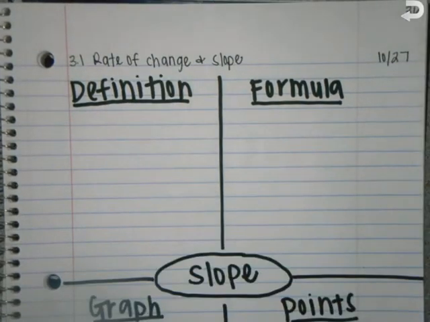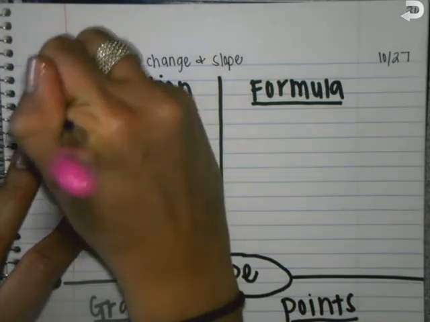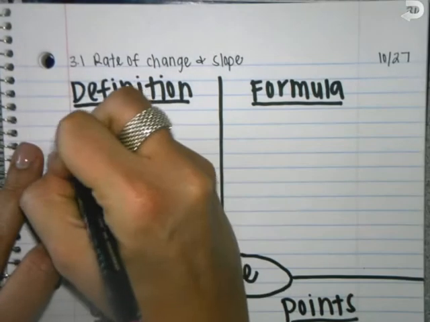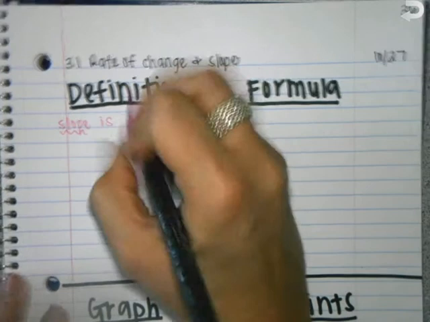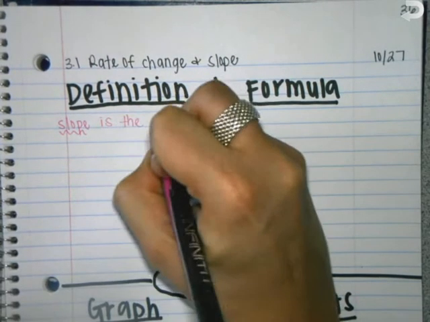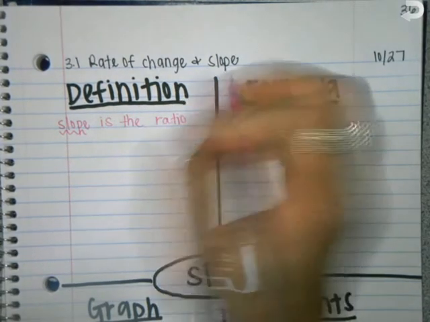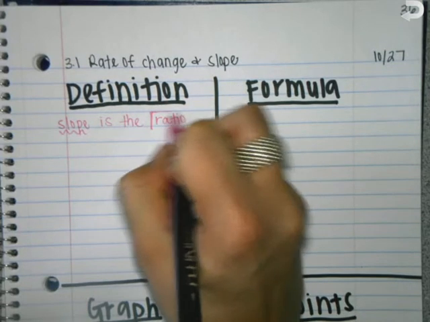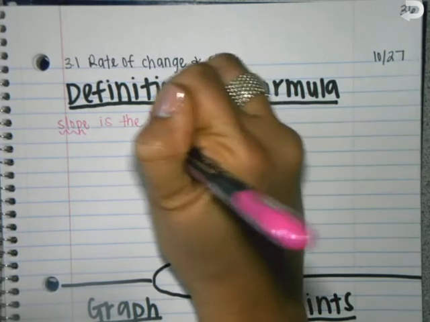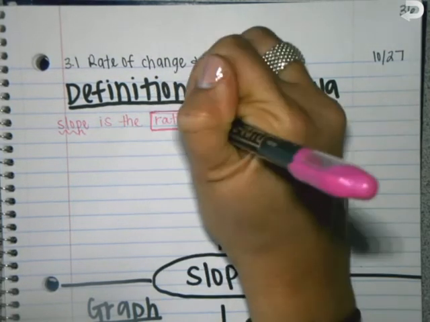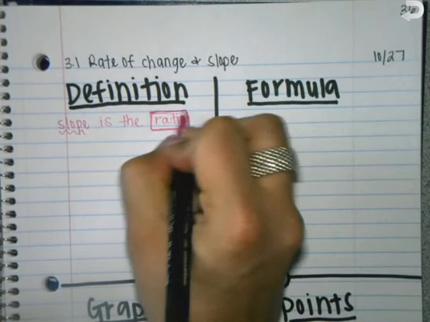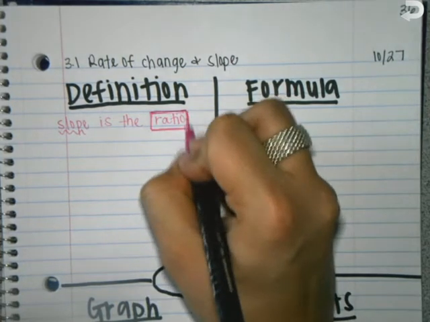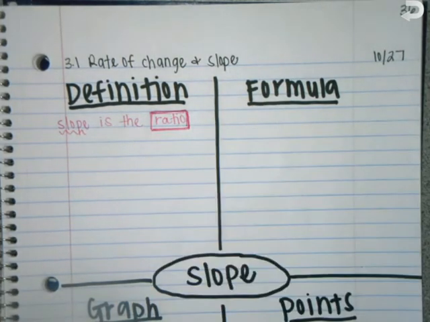So the official, detailed definition of slope: slope is a ratio. Another word for ratio is what? Fraction. Slope is the ratio. I'm boxing ratio to remind you that it's a fraction.